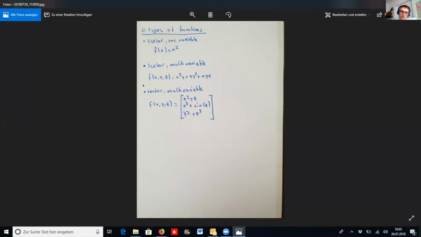And then you can also have a vector as output. This is basically composed of 3 functions, and it's also multivariable. So that's just basic calculus.